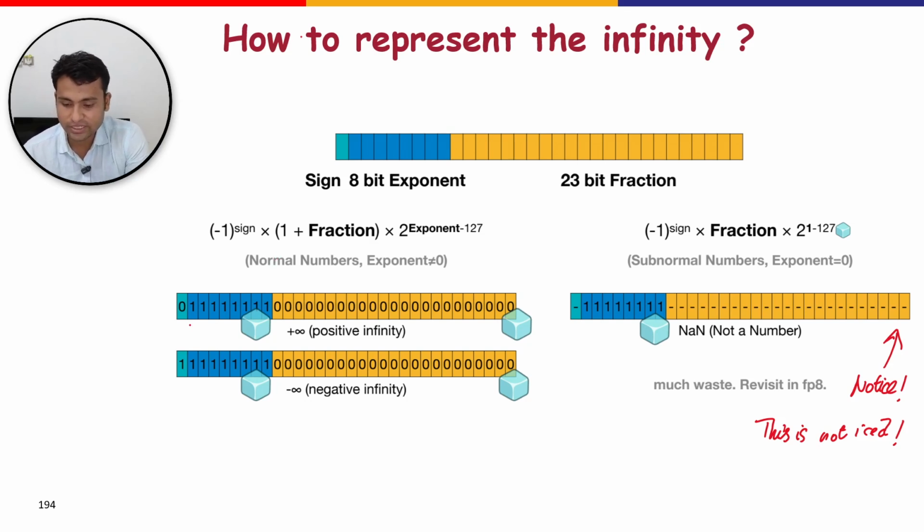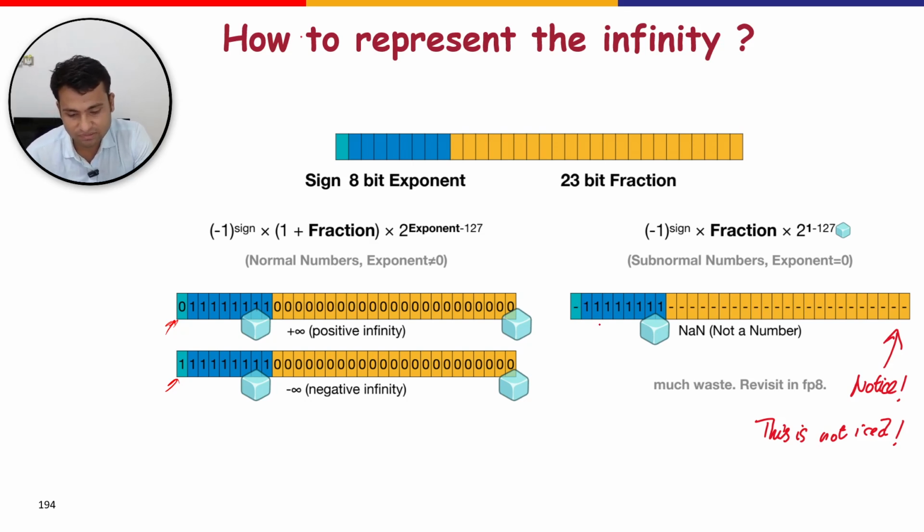But if the exponent is fixed to all ones and we fix the fraction bits to all zeros with the sign bit as 0, then it is plus infinity, and if the sign is negative, it's minus infinity.